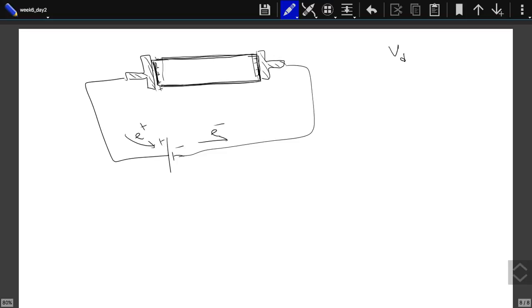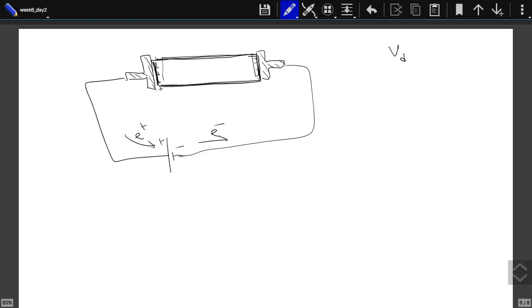So this plate will be charged more and more positively. That means there will be a larger and larger electric field building up in this conductor. If there is a larger and larger electric field building on this conductor, we are pushing the electrons in the conductor with a larger and larger force. That means the drift velocity will become larger and larger.